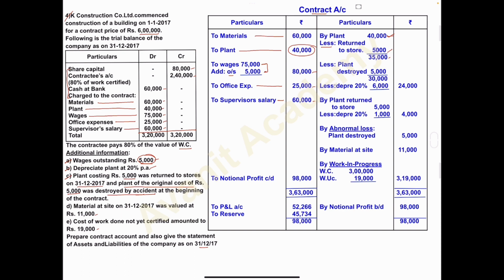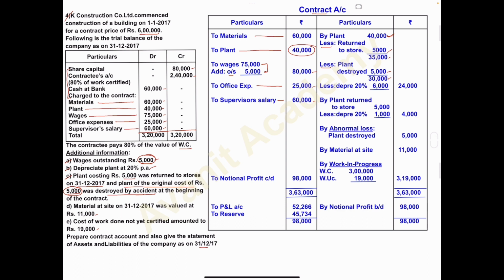From that minus plant returned to store 5,000, and you will get 35,000. Less plant destroyed. Plant destroyed value is 5,000. Right here 5,000. So from 35,000 minus 5,000, we will get 30,000. And on this 30,000, we have to calculate the depreciation.